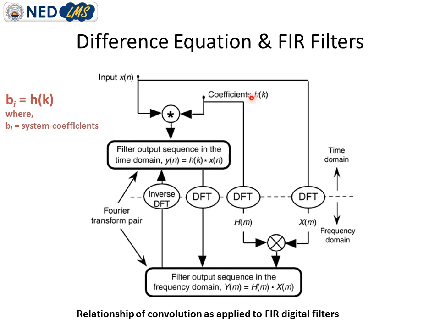So the discrete version of the impulse response is convolving with the input sequence. You can see here is the input and here are the coefficients hk, which are nothing but the discrete version of the impulse response. So these two are fed to the convolution block.